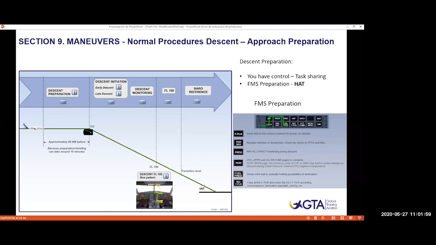So before we start descending, because we are going to land, we have to prepare my approach. And you say, no, but you already did it on the ground. Of course. But what happens in a 5 or 6 hour flight? Do you think that the conditions at the arrival will be the same as the information you have when you depart?